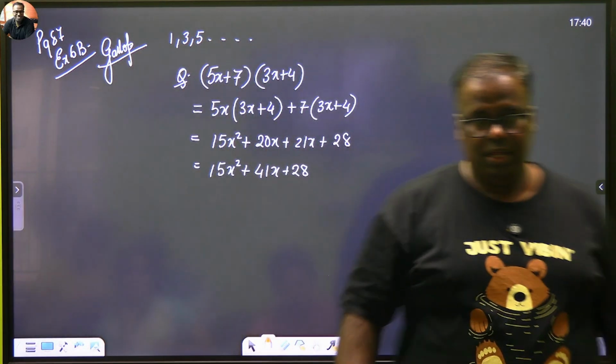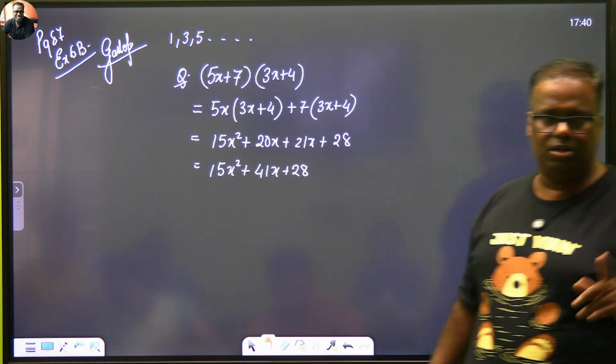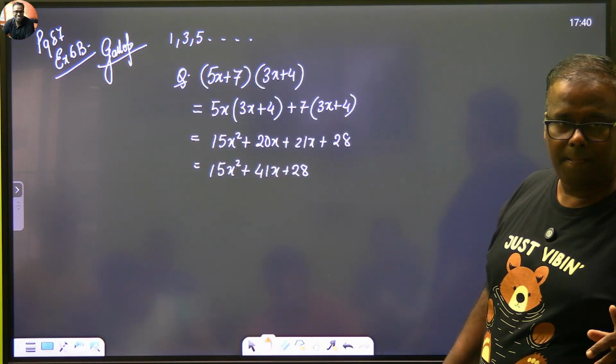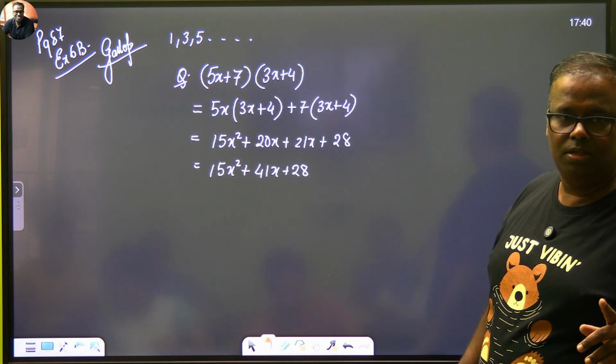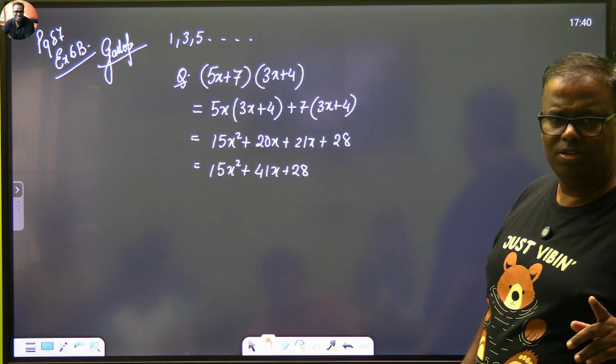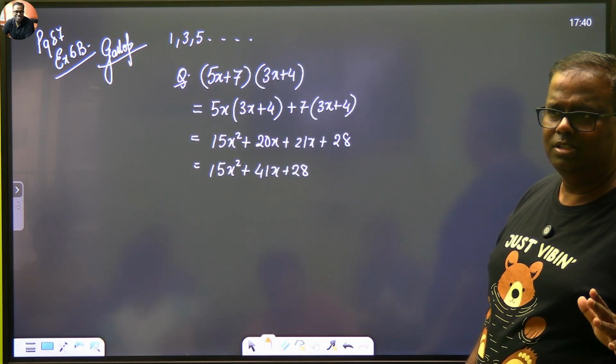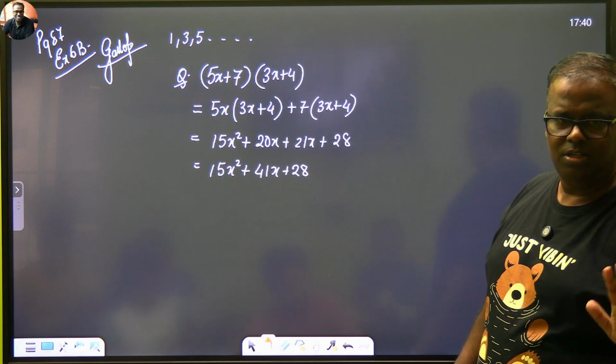Not possible. Is it in the order of square, x, and constant? Yes. Which method? Foil?